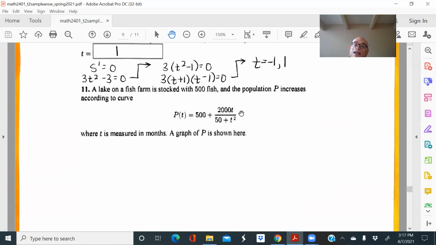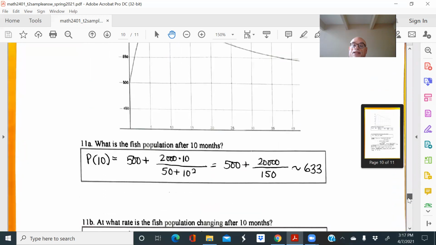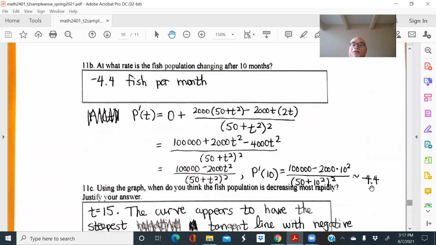And then the second term is the hard one, right? You need to use the quotient rule to find the derivative of 2000t over 50 plus t squared. So that's what I've shown happening here in this problem. This is applying the quotient rule to find the derivative of that second term in the population formula, right?